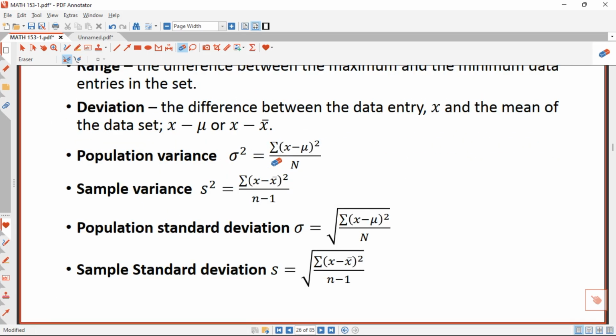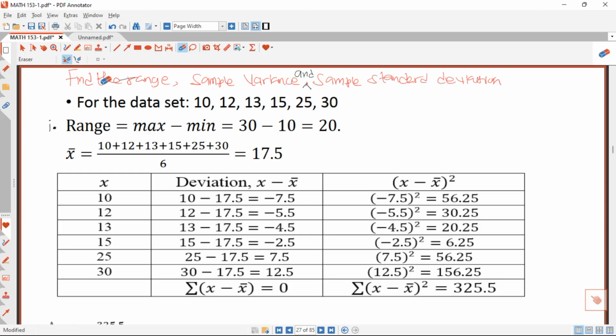Let's dive into examples. It says find the range, sample variance, and the sample standard deviation for the data set. We have 10, 12, 13, 15, 25, and 30, right?